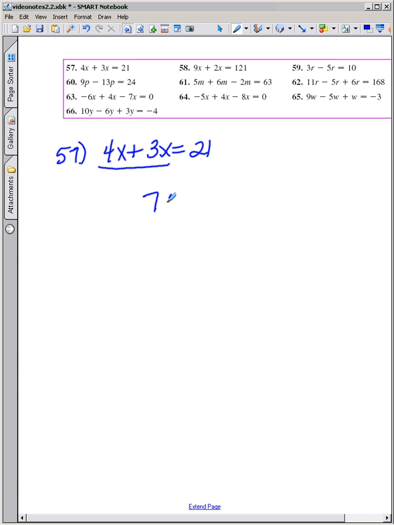That gives us 7x is equal to 21. Then your goal here is eventually going to be to recognize, do I need to use the addition property or the multiplication property? Since the x is connected to the 7 by multiplication, I have to use the multiplication property, which says if I divide both sides by 7, I get the x by itself. So x is equal to 3. Okay.